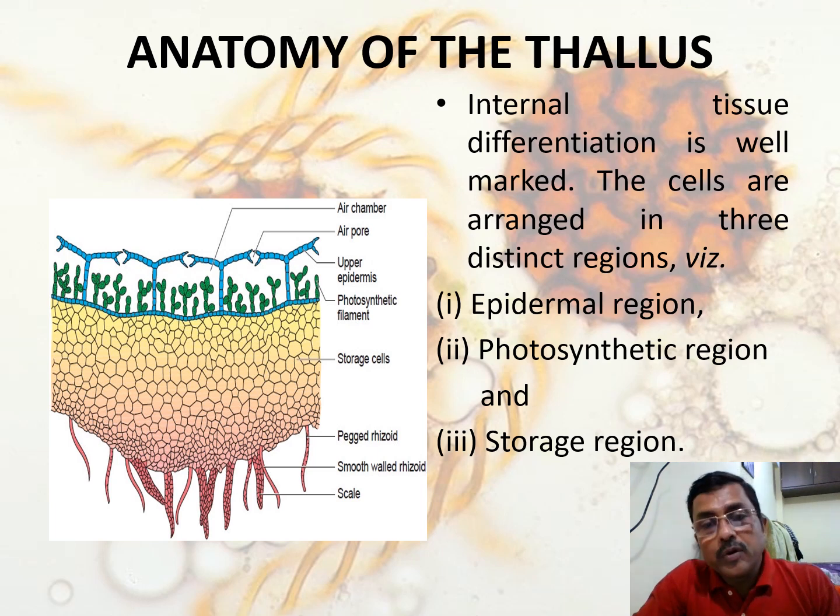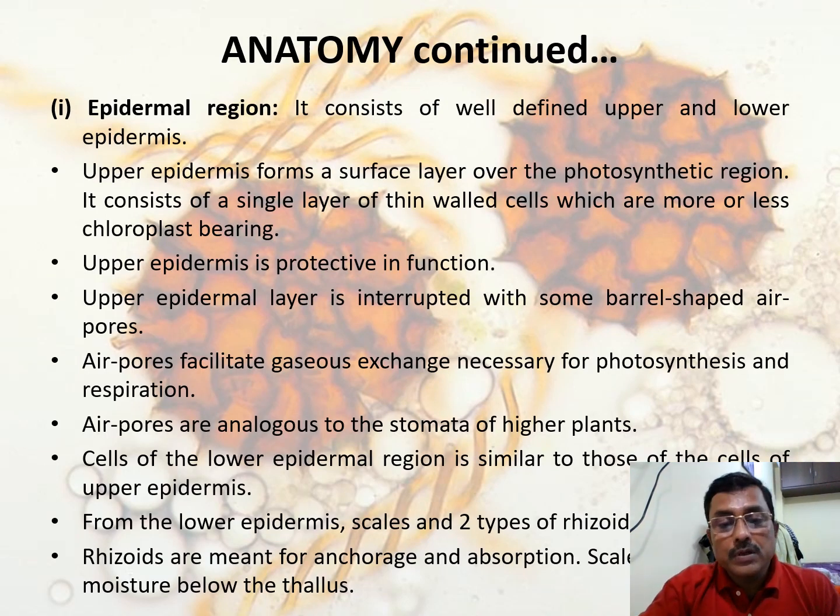Now come to the anatomy of the thallus. The internal tissue differentiation is well marked. The cells are arranged in 3 distinct regions. First is the epidermal region, second is the photosynthetic region, and third is the storage region. I'm not repeating the anatomy diagram in the next slides, which I have already shown in the first slide of anatomy.